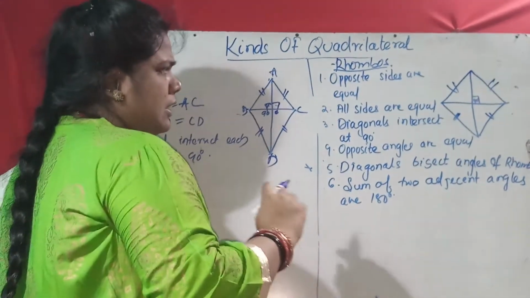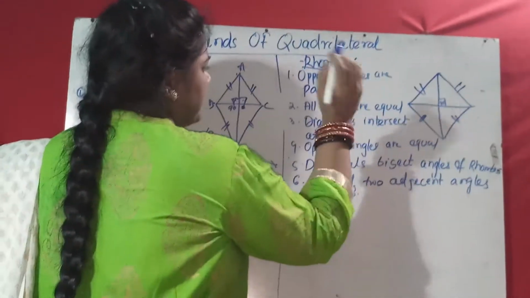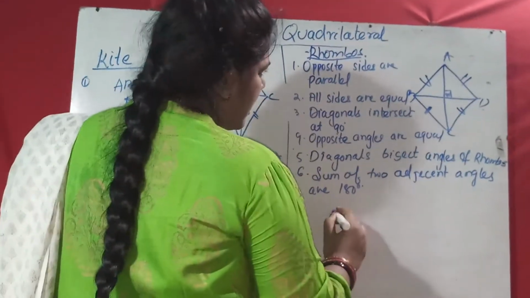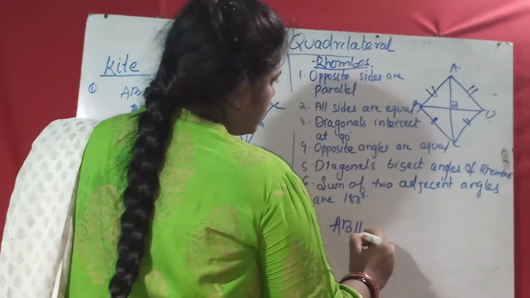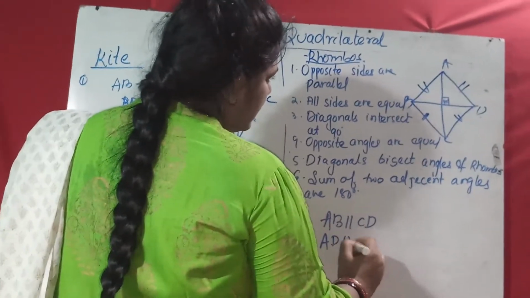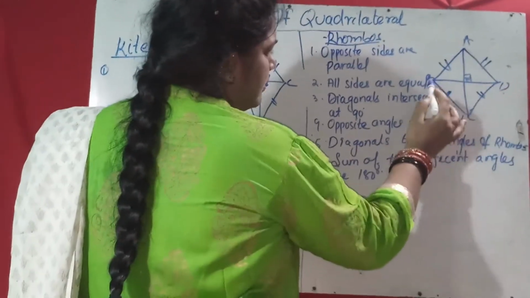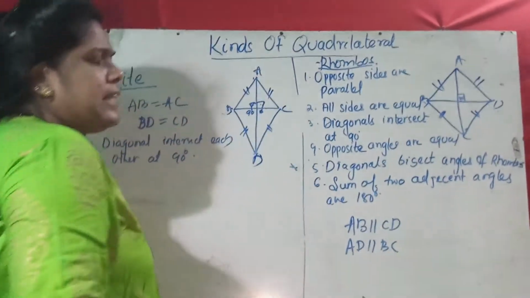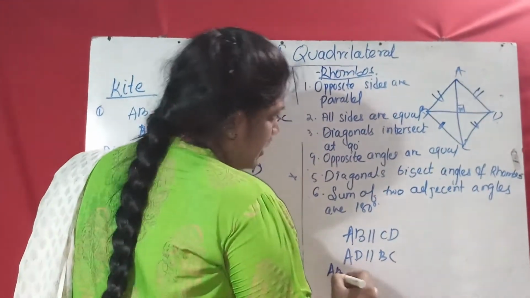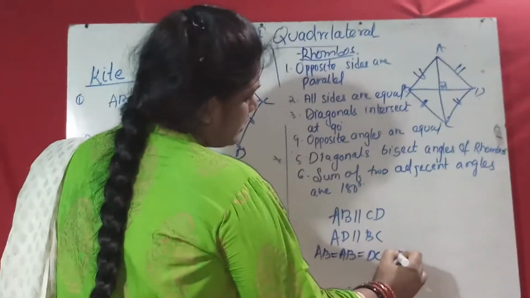All sides are equal, that is AB equals AD equals BC equals CD.